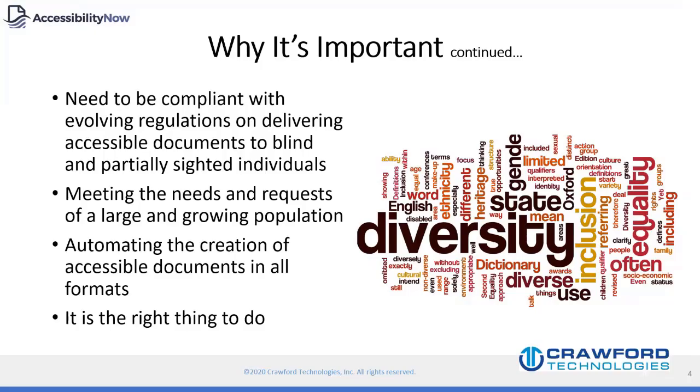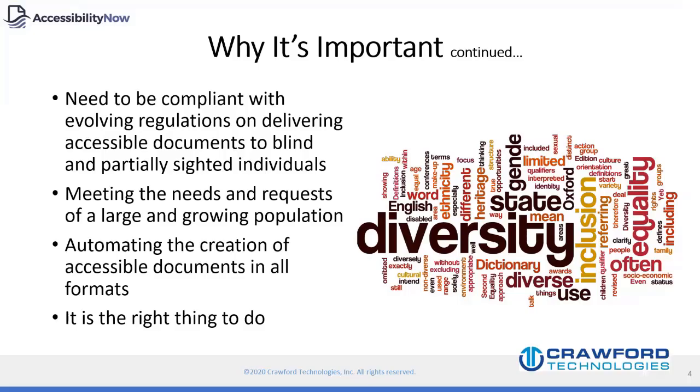Why is it important to generate documents in an accessible format? Well, bottom line is that there are millions of individuals who are either blind or partially sighted. And there are rules and regulations that are basically stating that this needs to be done, that documents need to be generated in an accessible format.